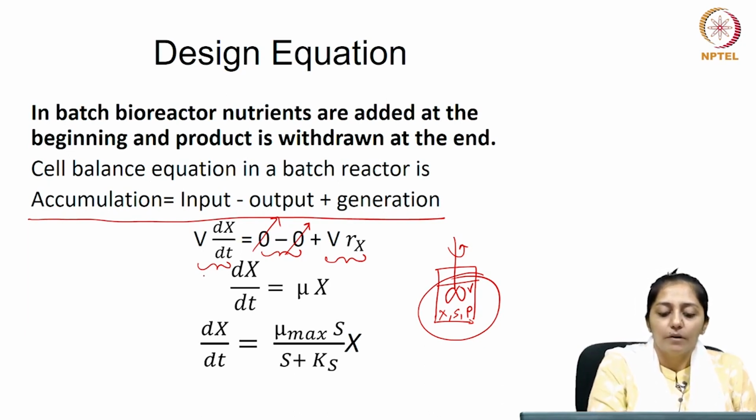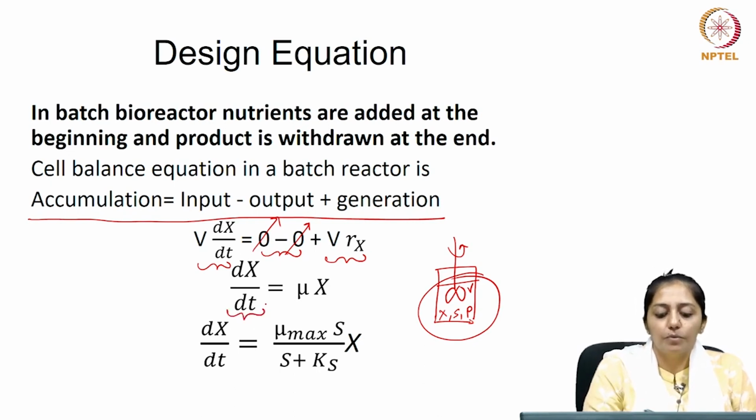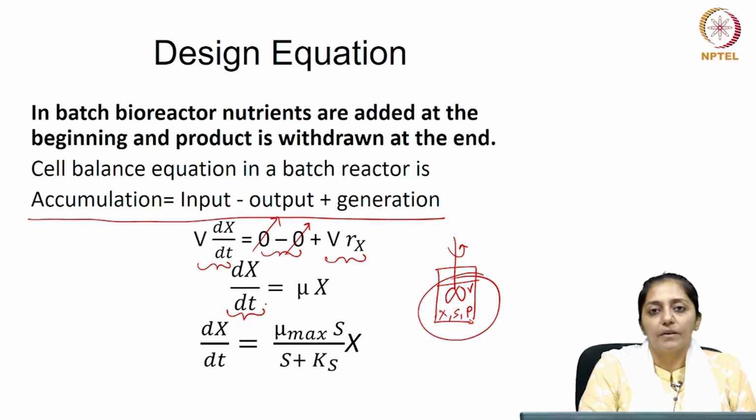So, for a batch bioreactor, the rate of accumulation of biomass, or the rate at which the biomass concentration is changing with time, becomes equal to the growth rate of the culture inside the reactor.